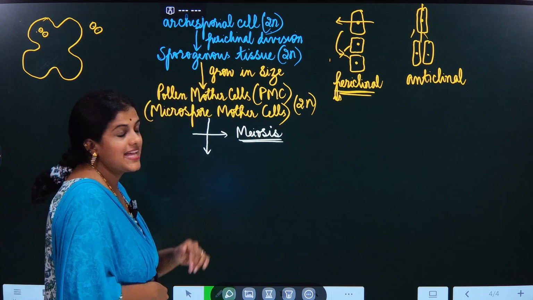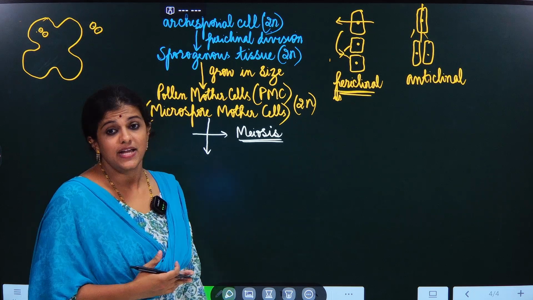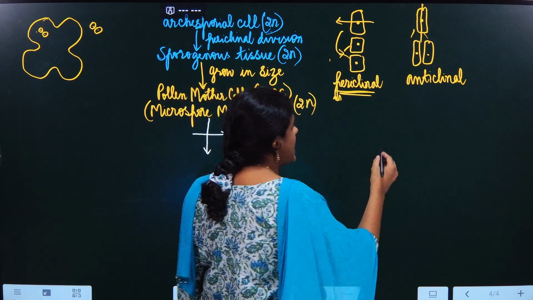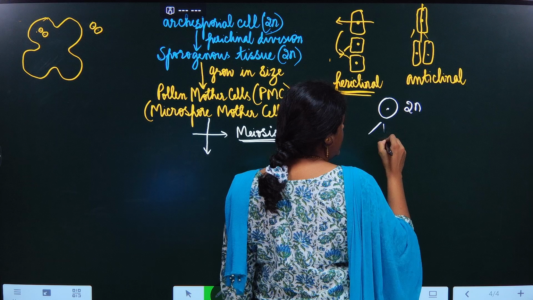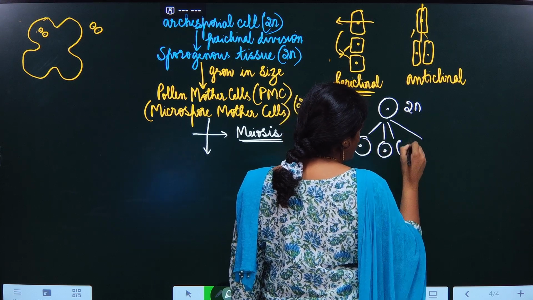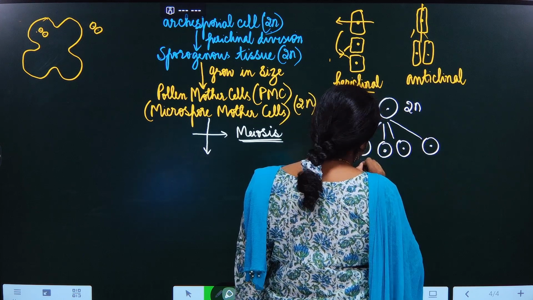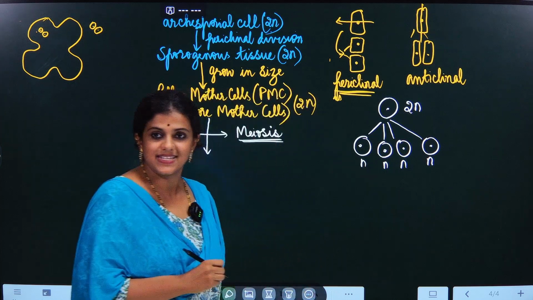So they will undergo meiosis. In meiosis, what happens? One diploid parent cell will produce how many? 1, 2, 3 and 4 haploid daughter cells, isn't it?